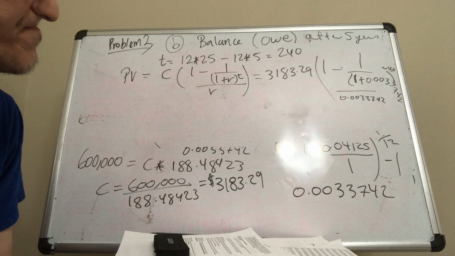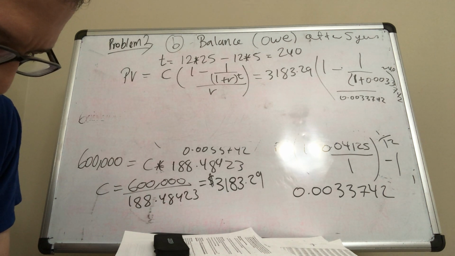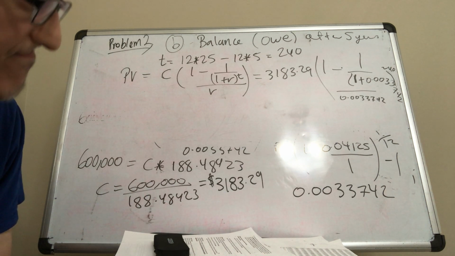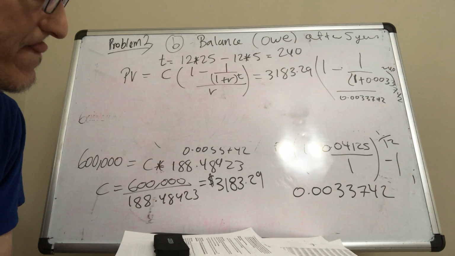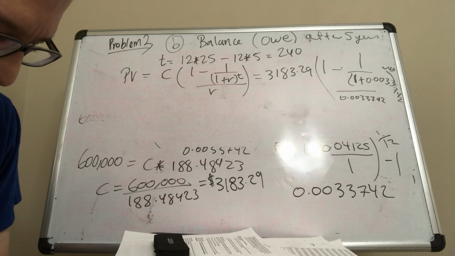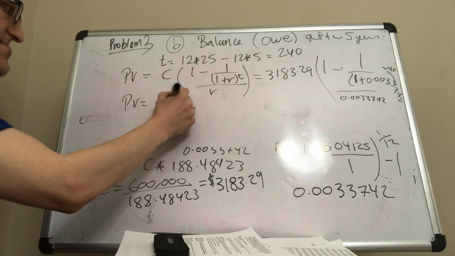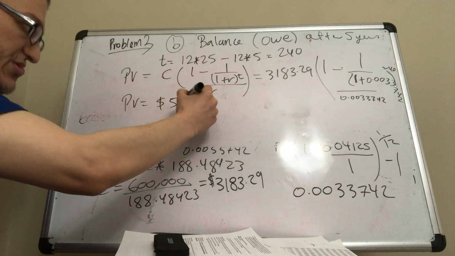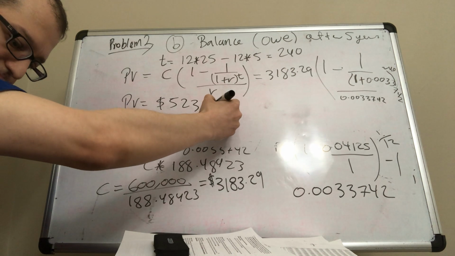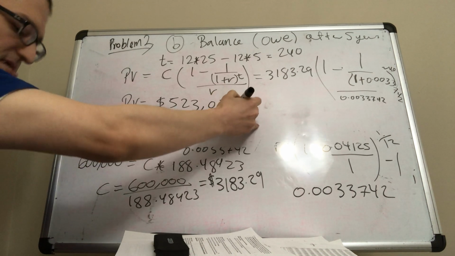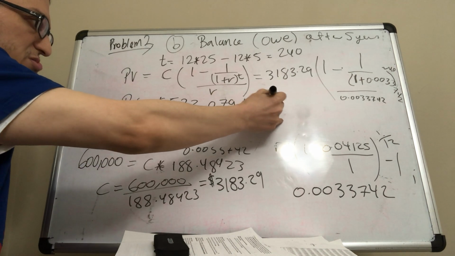So we only owe them after 5 years 523,791.802.